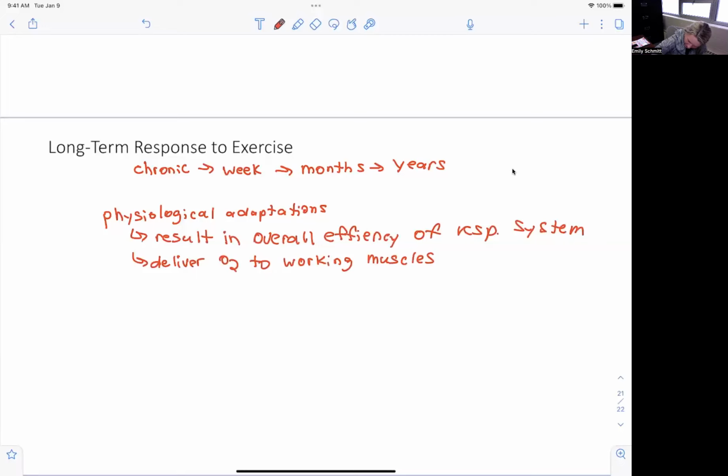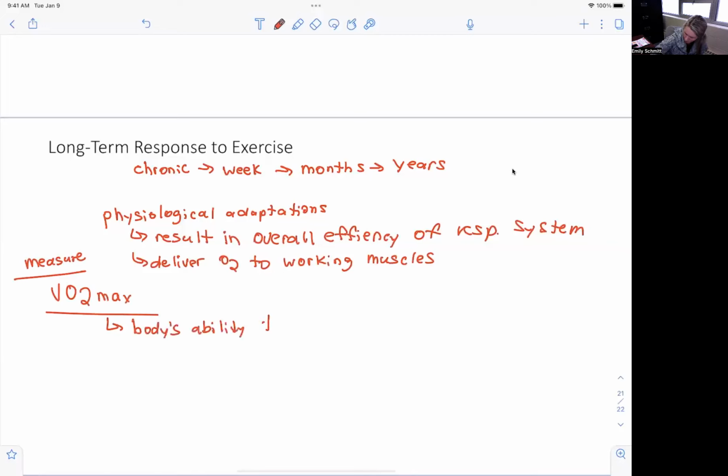Well, we measure this by VO2 max. Remember, VO2 max is the body's ability to utilize oxygen. So through exercise training, we can improve our respiratory response to a point, right?